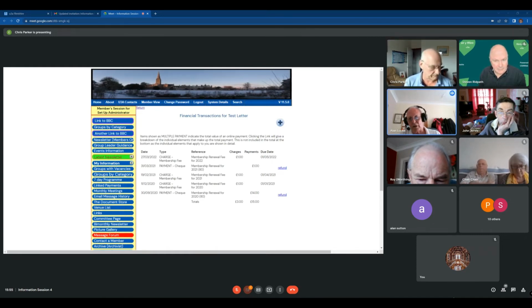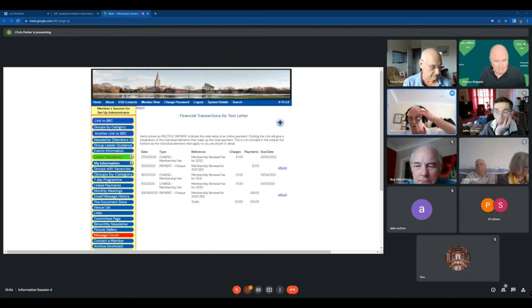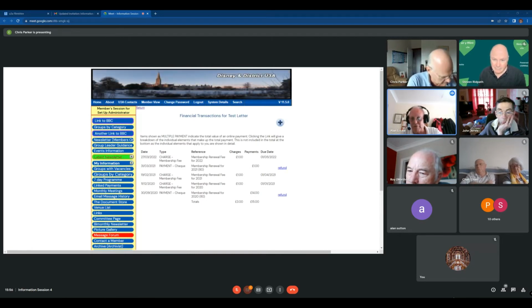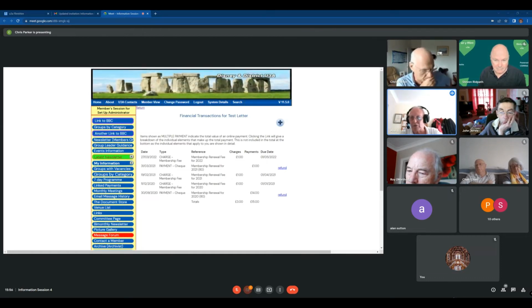Shall I just tell the people on the call why we had to do this? It was because we use credit card payments quite heavily. And I do mean quite heavily. What was happening was we set our renewals off, and we suddenly found that there was an awful lot of members that had no credit card icon. We went, why not?